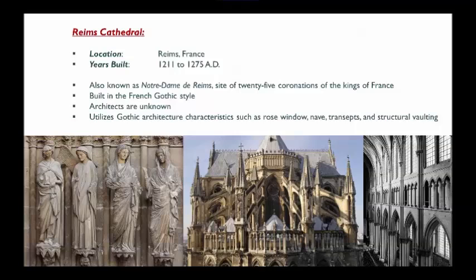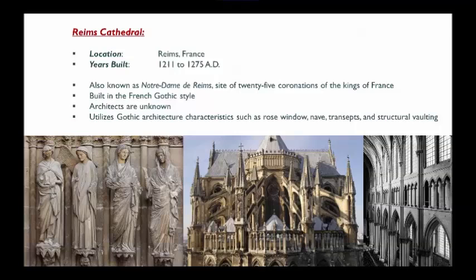So the architects are not known on this project. It seems that there were several architects that worked on this. Typically, of this period, the architects would likely be known, but it's not really attributed to one or two individuals. So it seems that several people worked on this, but there are some good details of the carvings at this cathedral.